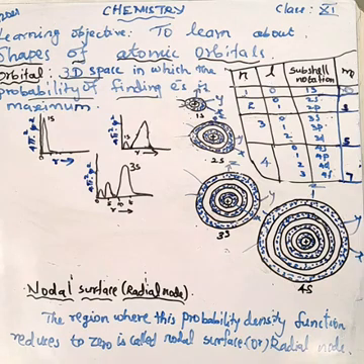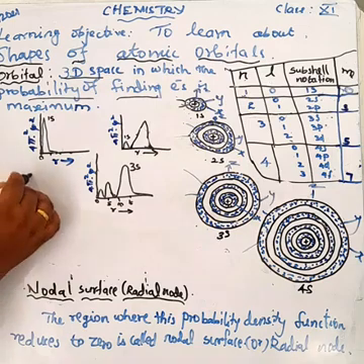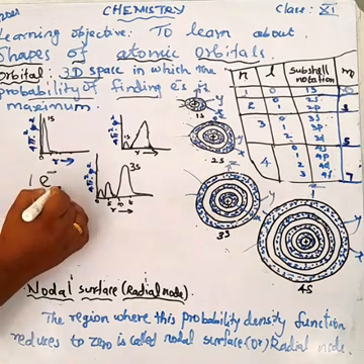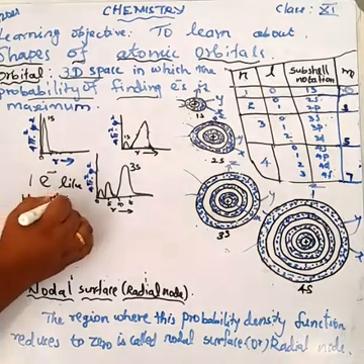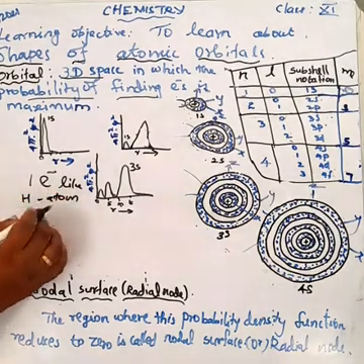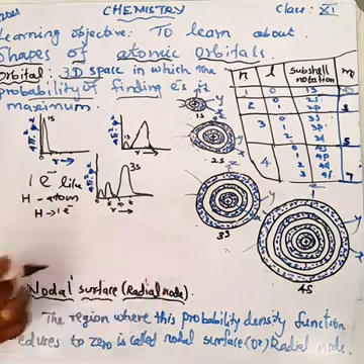Now let us discuss the shape of the s orbital in a one electron system, like the hydrogen atom. With only one electron, it can be represented in the form of spherical polar coordinates.